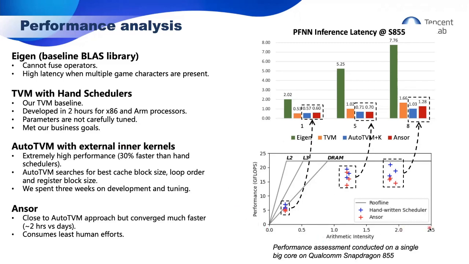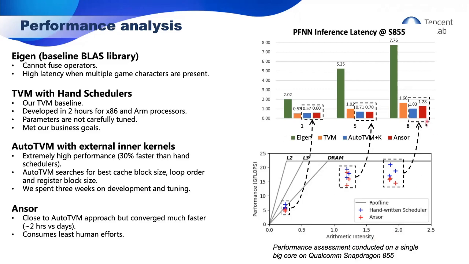The roofline chart shows the roofline performance that you can achieve on the hardware. When there are multiple characters, we have more computation over memory access.